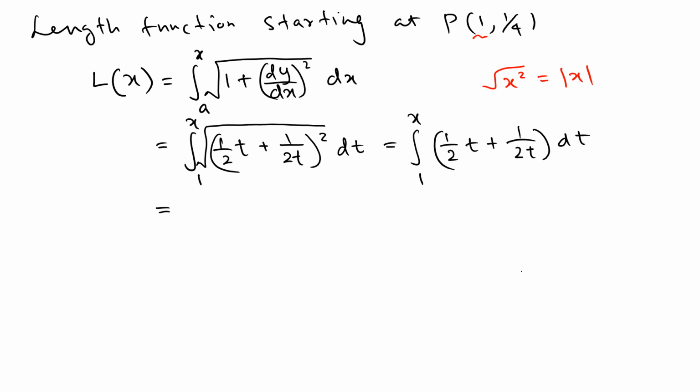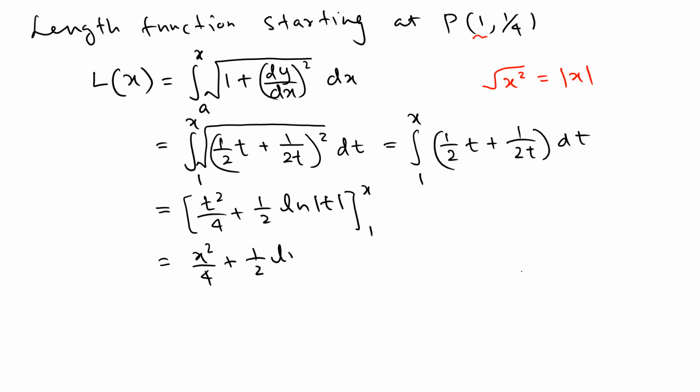Now this is a very easy integral. You can see it is t squared over 4 plus 1/2 the natural log of t, and then you evaluate this from 1 to x. If you plug in x, you get x squared over 4 plus 1/2 ln x. Here you can just say x because this is positive.